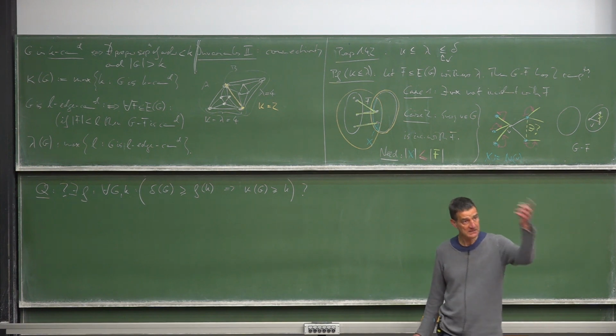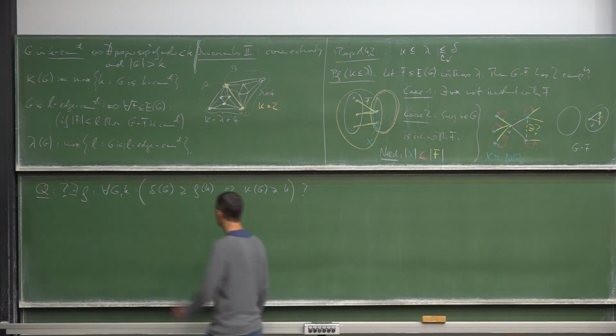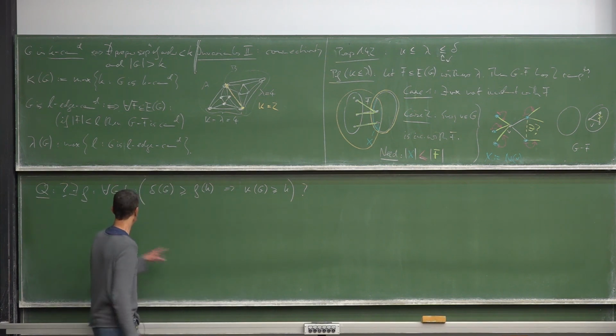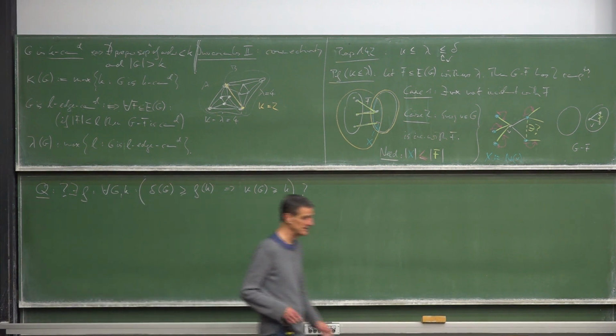That's right. We can ask whether large enough min degree forces a subgraph of high connectivity. Okay, so let me try to correct that.